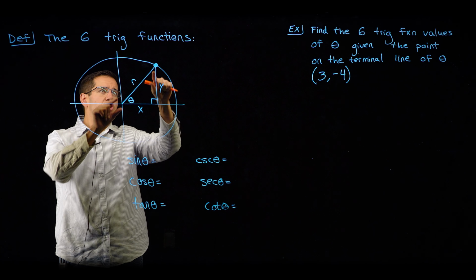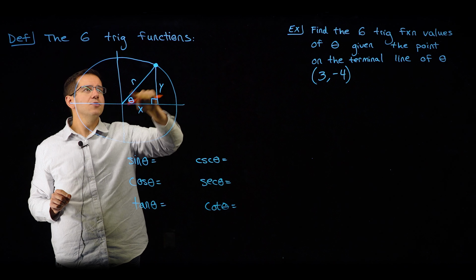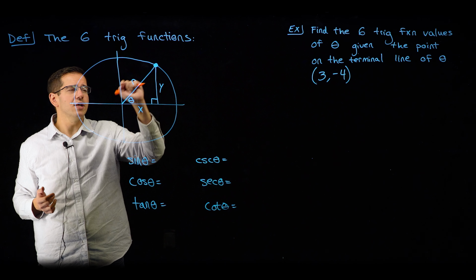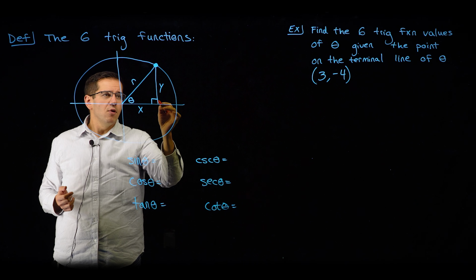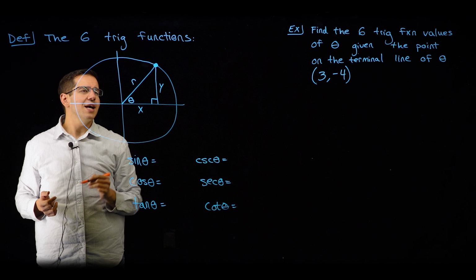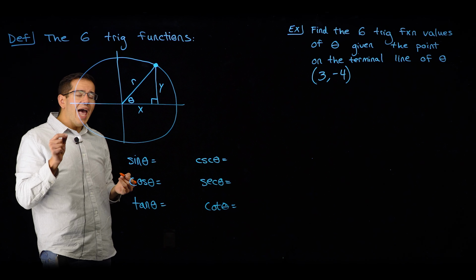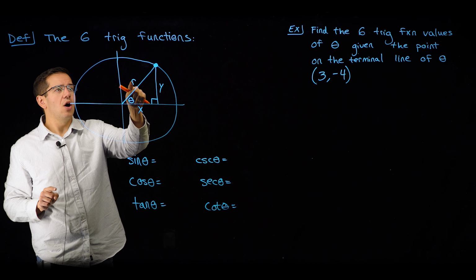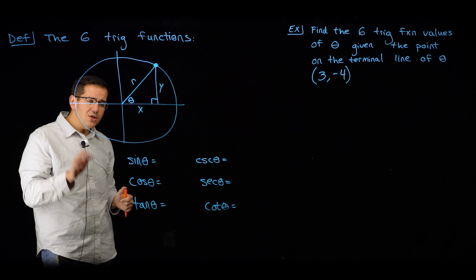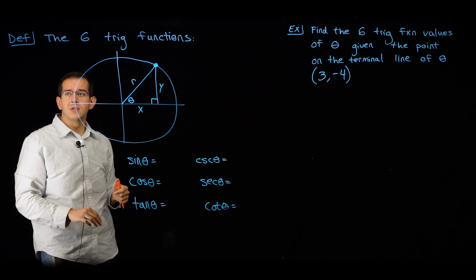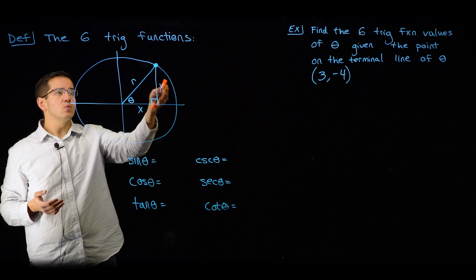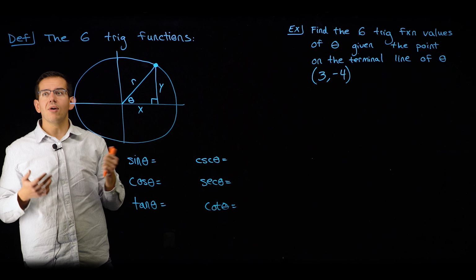And if we take this triangle to have a hypotenuse or terminal side that is intersecting with the circle at this point here, and it forms a right angle when we bring down this side y to meet the x-axis, then we now have a way to relate r, theta, and x and y. We can do that with these 6 trig functions because these 6 trig functions represent ratios of x, y, and r with our angle theta.